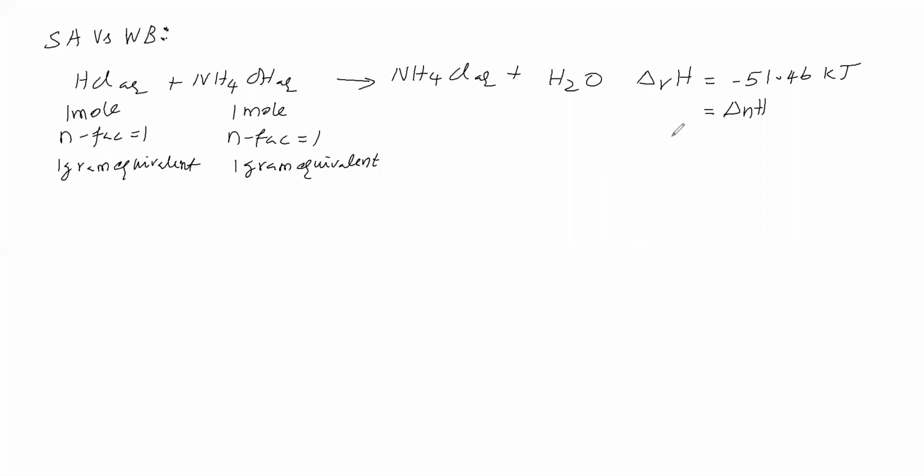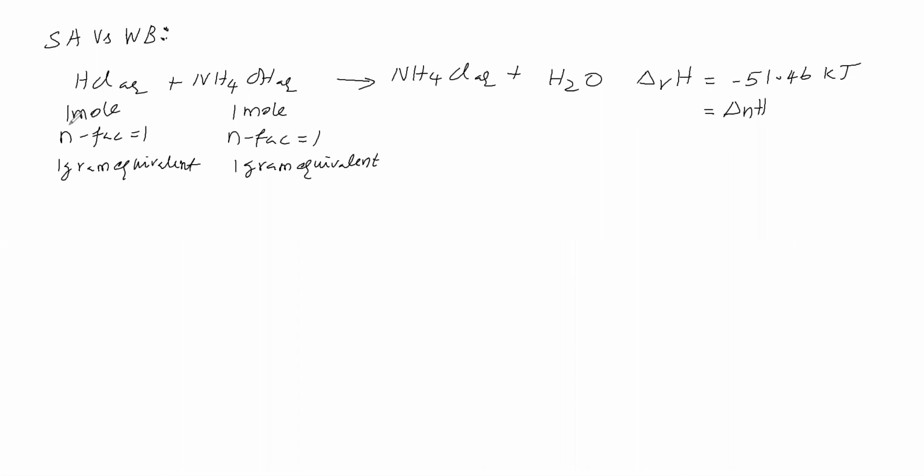Strong acid and strong base gives minus 57.32, while strong acid and weak base gives minus 51. That means the amount of heat liberated is low now. Why is it low? What is the reason? That we'll see.